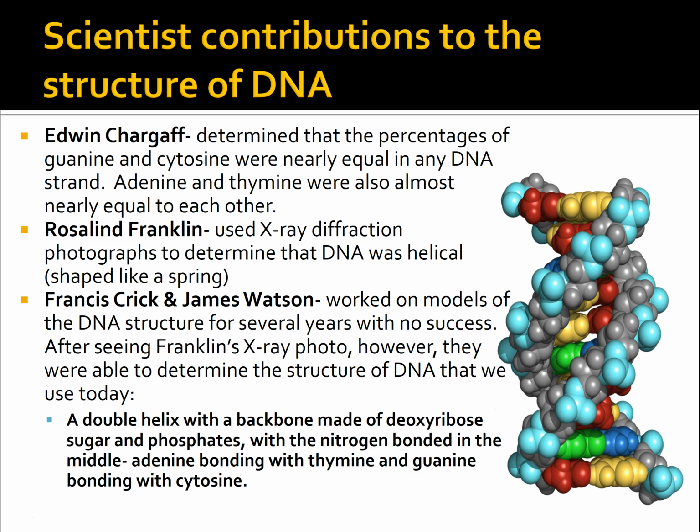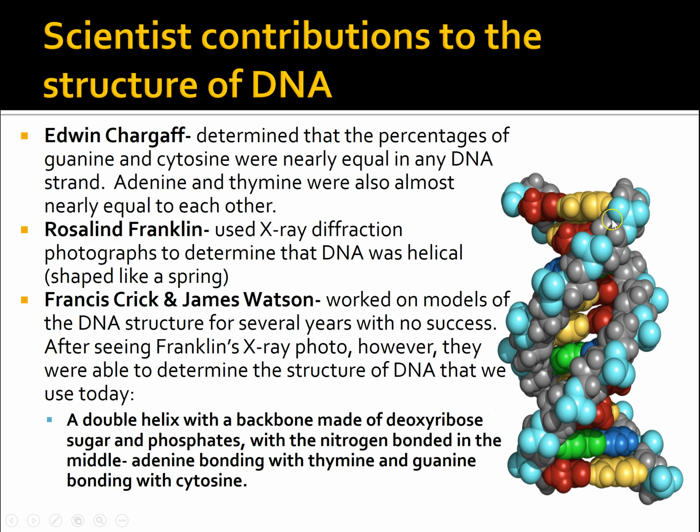But regardless, Watson and Crick did come up with the model, and in that model they determined that a double helix was the shape of DNA, with a backbone made of deoxyribose sugar and phosphates, with the nitrogen bases bonded in the middle, adenine bonding with thymine, and guanine bonding with cytosine. So this, the blue and the gray, is the sugar phosphate backbone in this double helix.